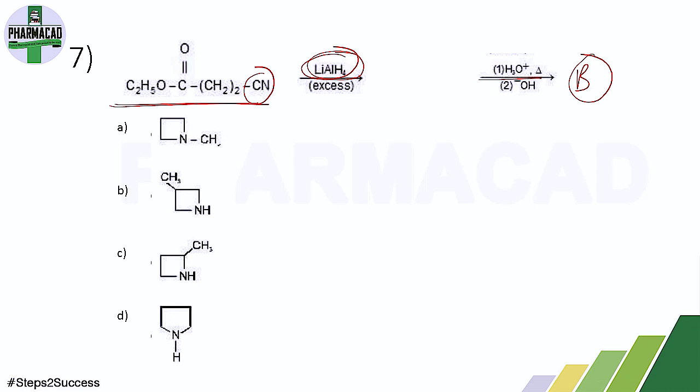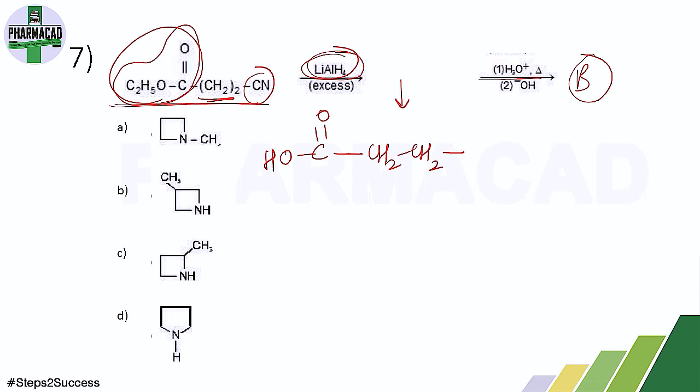And this ester also gets converted into the acid. It means C double bond OH. This CH2 twice will remain as it is, CH2, CH2. This CN gets reduced into CH2NH2, that is amine.